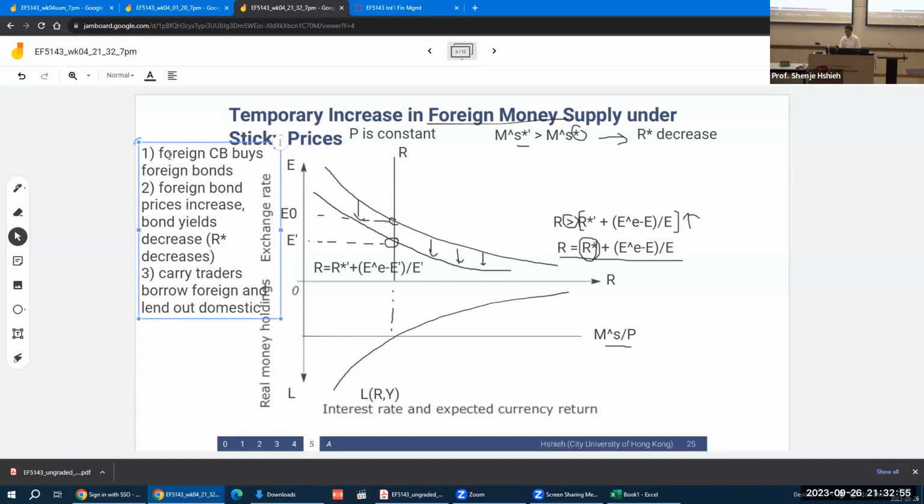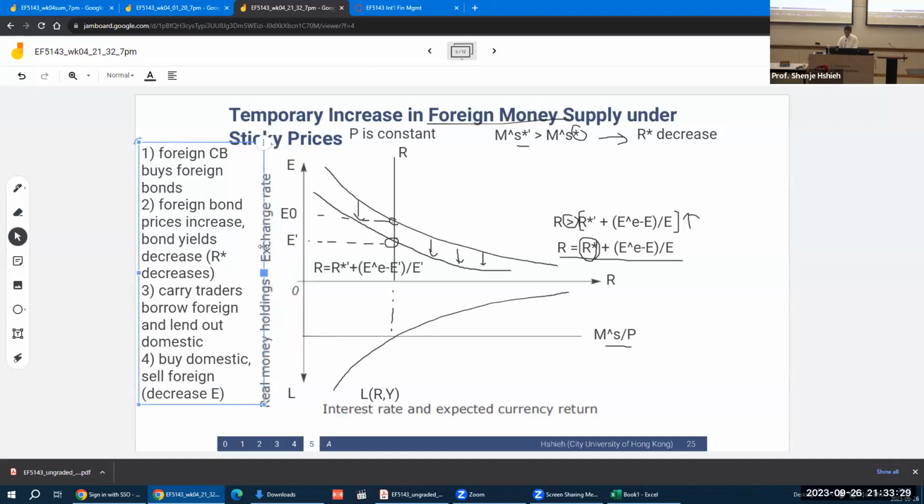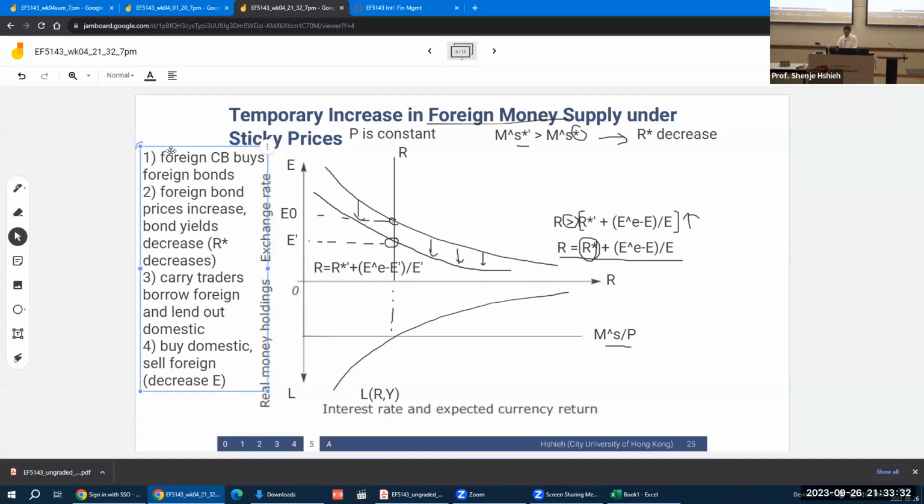Whenever you see the inequality that favors one side, you always want to lend out the other side. So in this case, you're borrowing foreign and lending out domestic, but in doing so, you have to buy domestic and sell foreign. So that's going to put a decrease on E. Okay, you can see that, cool. All right, so that's the economics.